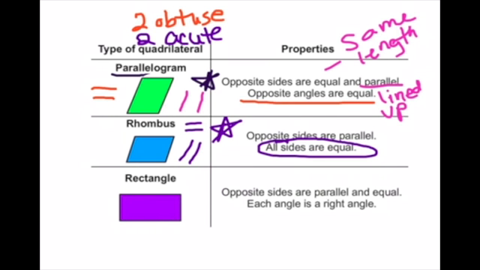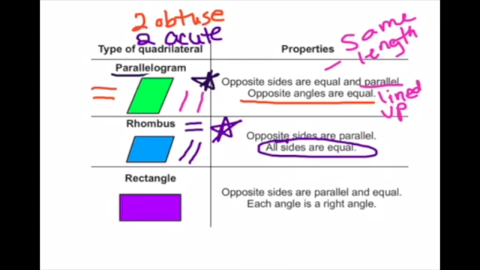The parallelogram looks like a slanted rectangle, and the rhombus looks like a slanted square. And in some ways, they're very similar to both of those shapes, right? We know that squares also have all sides that are equal, which we'll go over a little bit tomorrow. But let's see how the parallelogram and the rectangle are very similar. And let's see how they're different.